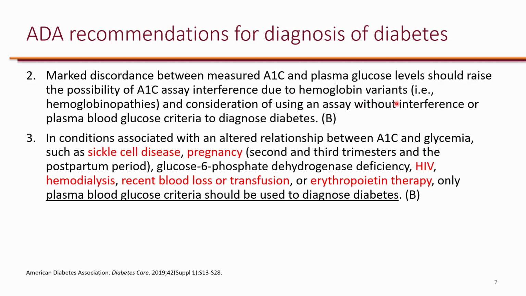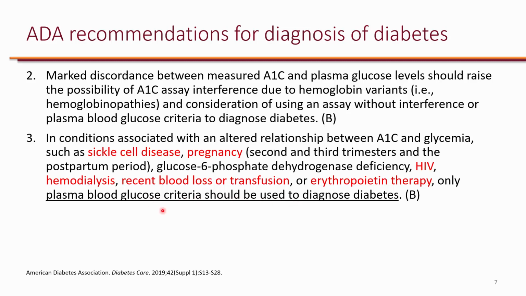So in fact, they actually recommend that in conditions associated with an altered relationship between A1C and glycemia, such as sickle cell disease, pregnancy, HIV, hemodialysis, recent blood loss or transfusion, or erythropoietin therapy, only plasma blood glucose criteria should be used to diagnose diabetes instead of A1C.